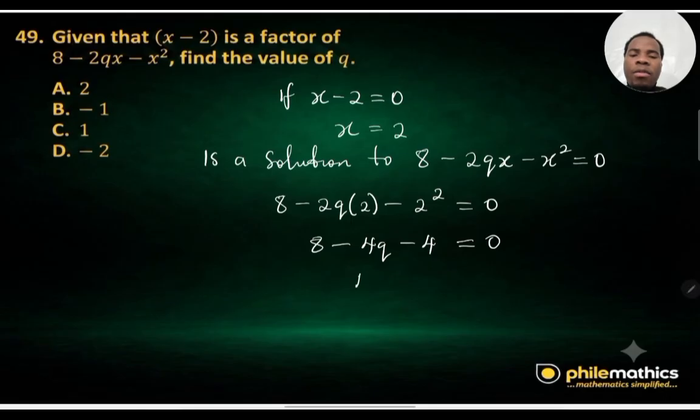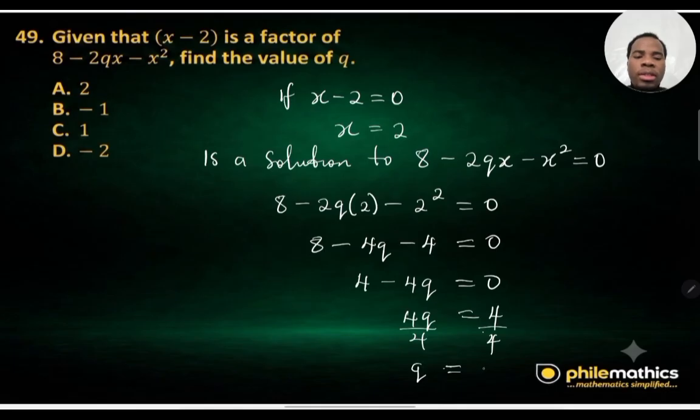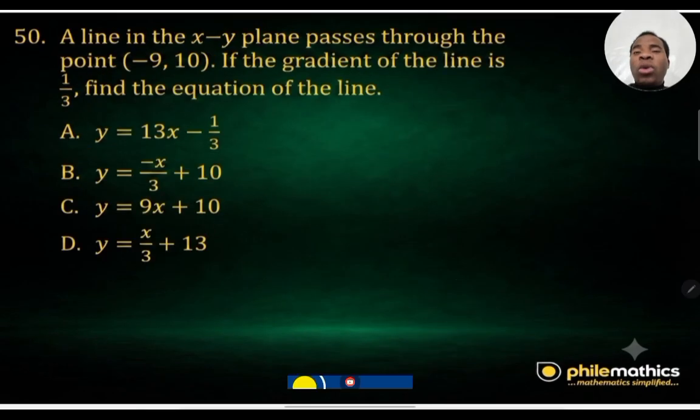So we have 4 minus 4q equals 0. If we take 4q to the other side, we have 4q is 4. Divide by 4, we have q is 1. And that is C.